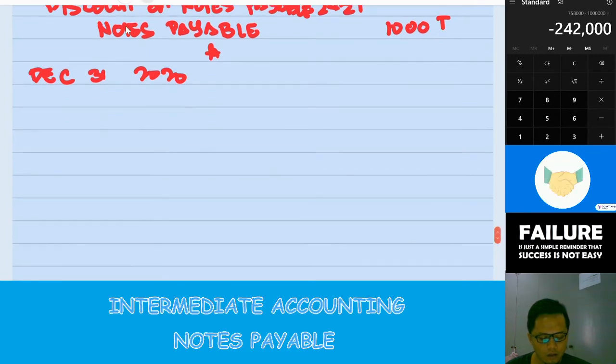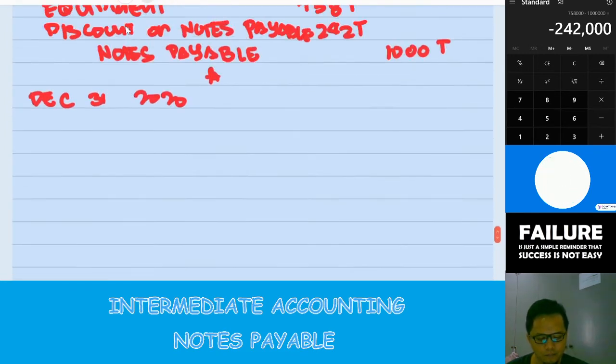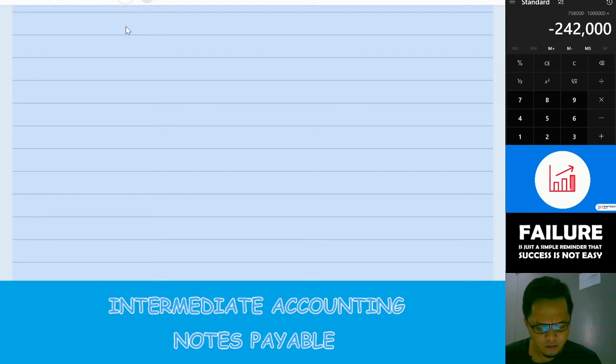So we'll now use the effective interest method, okay? So the effective interest method for this, well, I know now you are familiar with it because we have lengthily discussed that concept during the topic on bonds payable, di ba? So, reiteration lang.